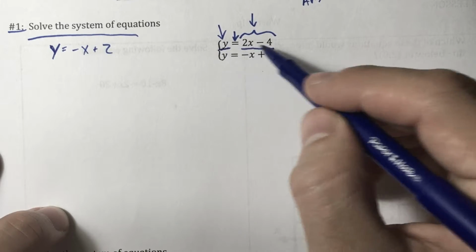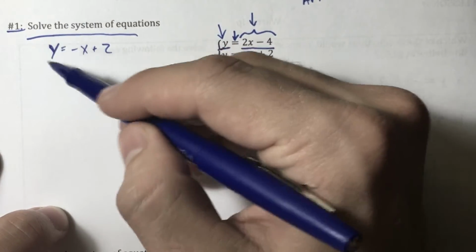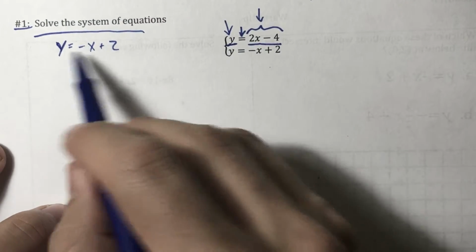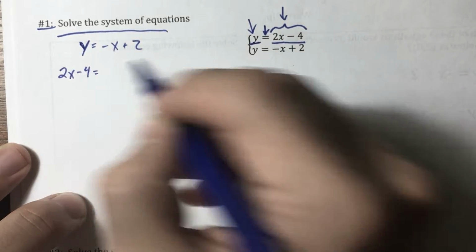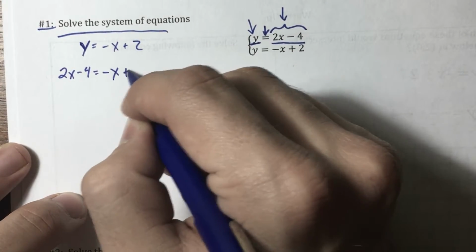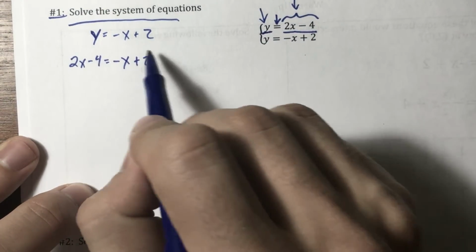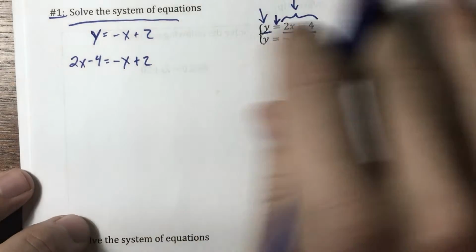Because these are worth exactly the same, I can replace or substitute this y with this 2x minus 4. So I can rewrite the second equation as 2x minus 4 equals negative x plus 2. This is helpful because now we're working with an equation that only has one variable. We only have x. Now we can solve for x.